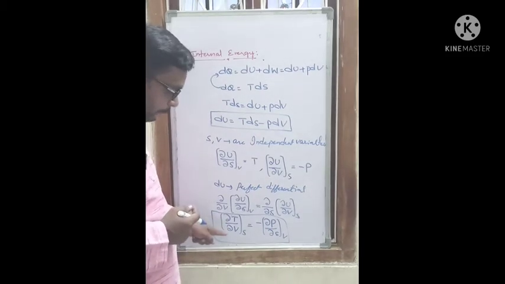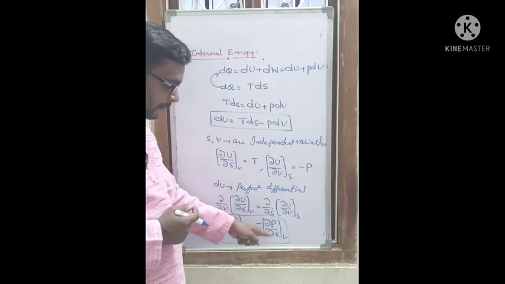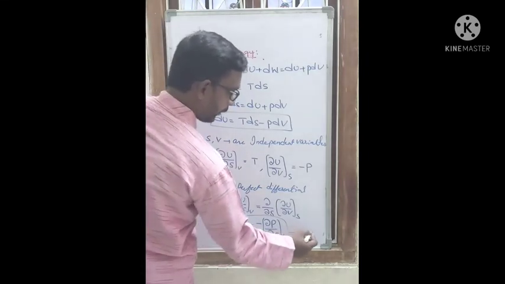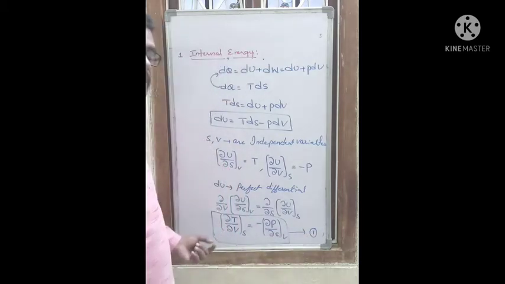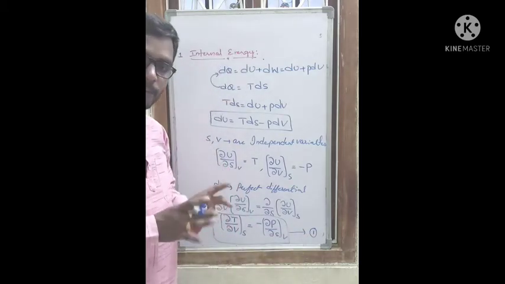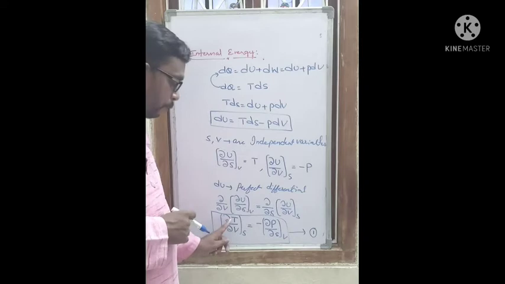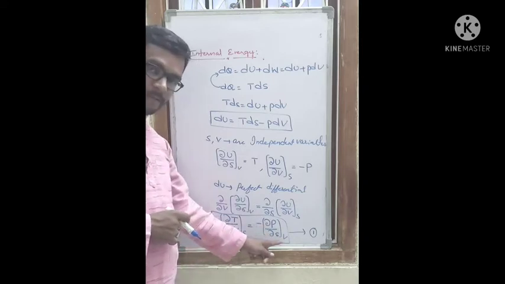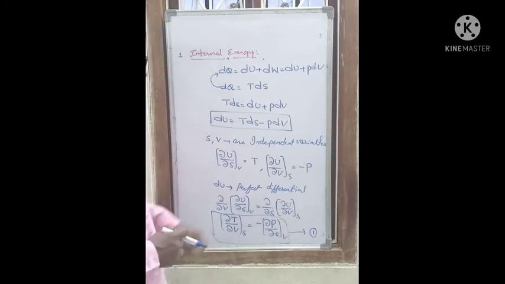Remember, dou t by dou v at constant s equal to minus dou p by dou s at constant v. So this is equation number 1. It represents Maxwell's thermodynamic first equation. Okay, you have to remember this equation, right?